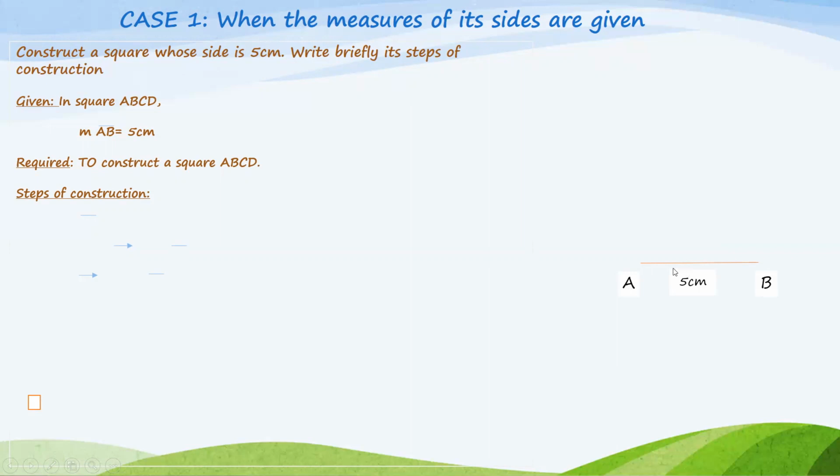We have drawn a line segment AB equal to 5 centimeter. So step number 1 is draw AB equal to 5 centimeter. Now the next step is we have to draw a perpendicular here on B.